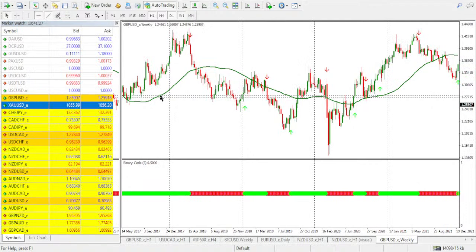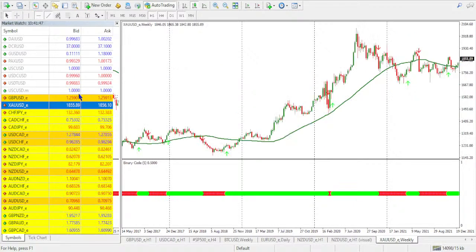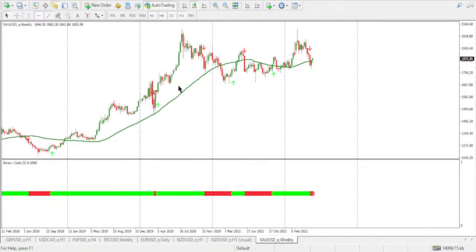The other instrument is gold. So we have a very good support here.